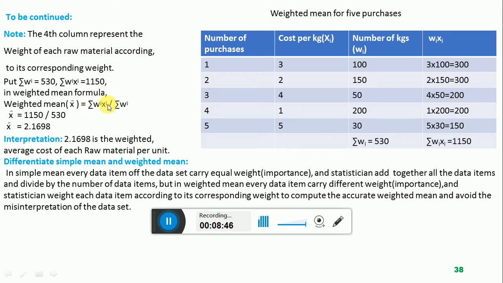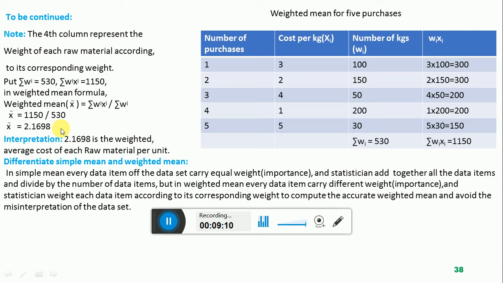Summation Wixi represents the total cost that the company pays to purchase the 530 kgs, and summation Wi represents the total number of kilograms. So we divide the total cost by the number of kilograms and compute $2.1698 per kg.